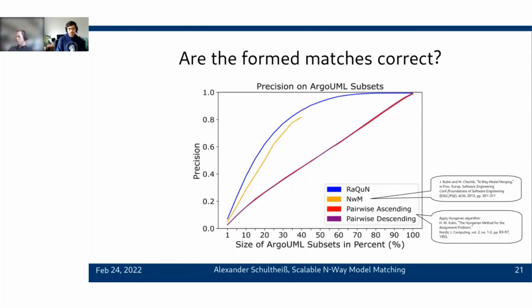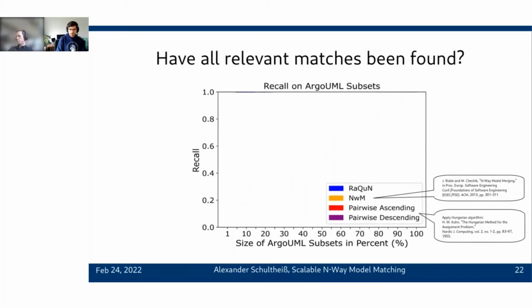And when considering whether all relevant matches have been found, we can see that Raccoon achieves a recall of almost 1 across all subsets, meaning that it's able to find all necessary matches for an element, while the other approaches drop quite a bit. Especially NWM here, this was to our surprise actually, and we believe it is due to an internal heuristic which splits up already formed matches with the goal of actually having higher match quality, but we believe that it does not work in this case.